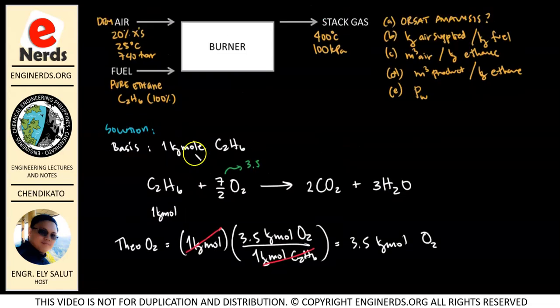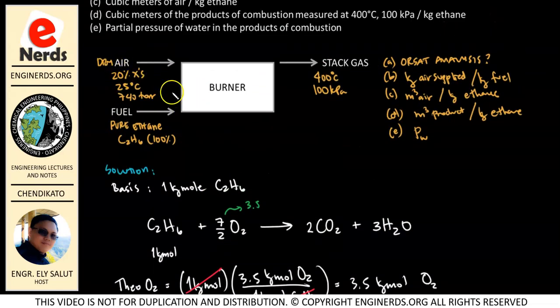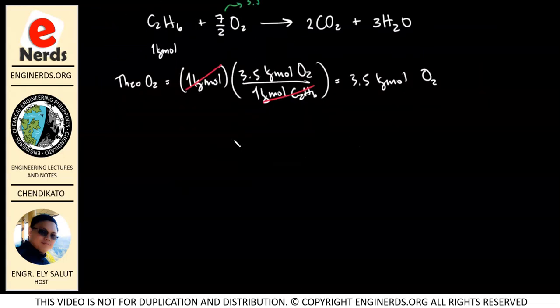Now we have 20% excess air, so we need to get how much our excess air is. Let us calculate the excess air. We have 3.5 kilogram mole of O2 as the theoretical amount, and 20% of that is our excess O2, so we have to multiply this by 0.2.